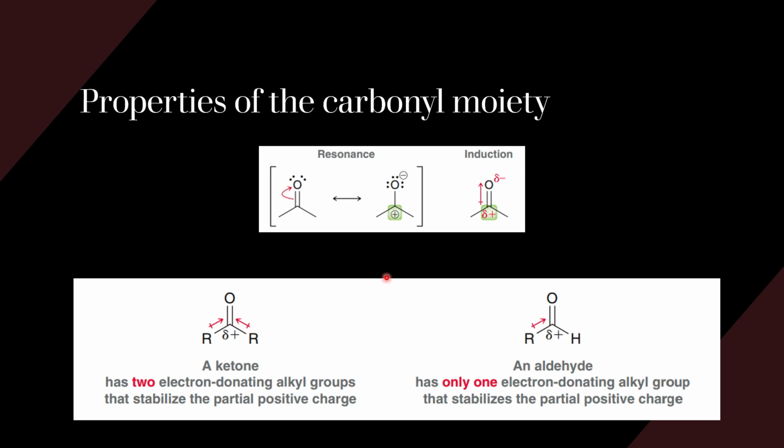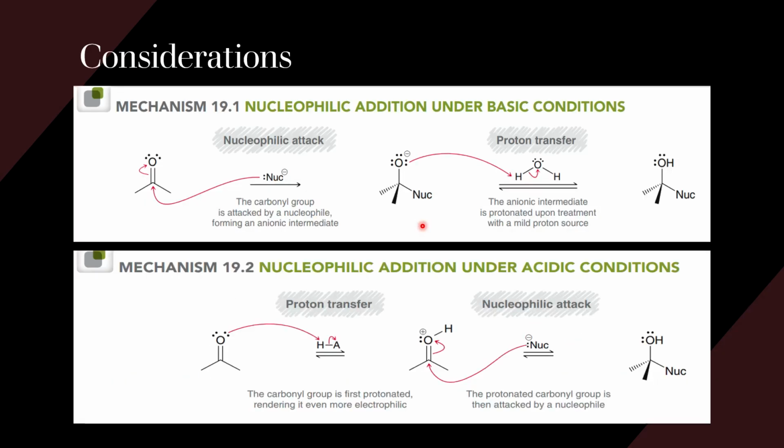But what we really want to start thinking about the carbonyl moiety as is this. Okay, so we're going to sort of ignore the top part. We've already seen this with Grignard reagents, and we're just going to look down here at mechanism 19.2. And what we want to notice here is that, as we have just seen, this oxygen, which is very electronegative, right? It will use its lone pair to snatch off a proton on some kind of acid, and in the process, it will form a negative charge on whatever A is.